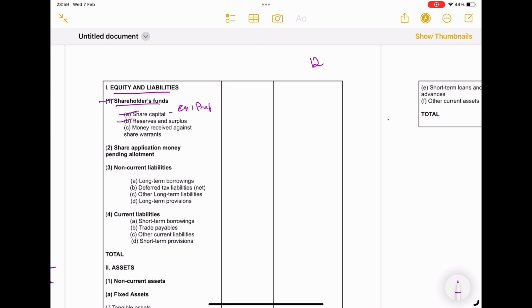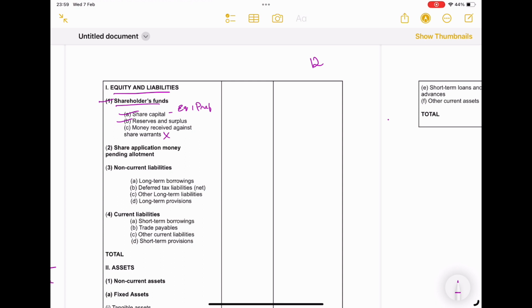There are so many types of reserves. All those reserves and surplus, meaning previous year net profit or amount transferred to P&L account, will be mentioned here. Next, share money received against share warrants. These points will not be there for you.